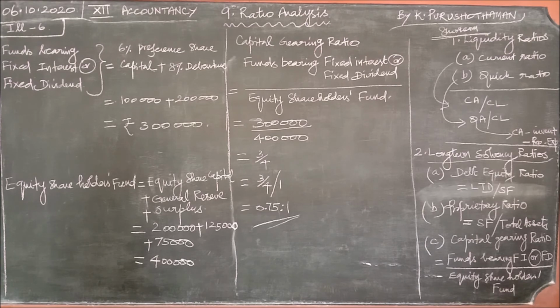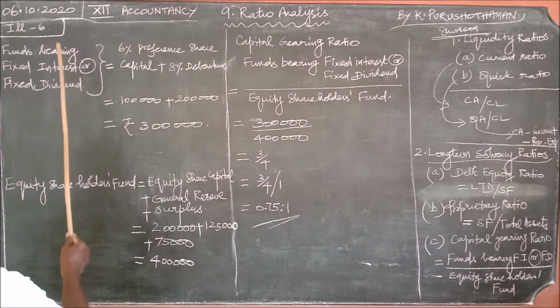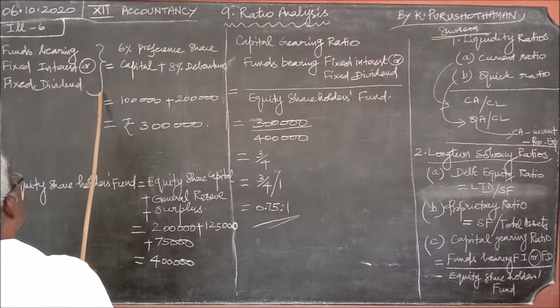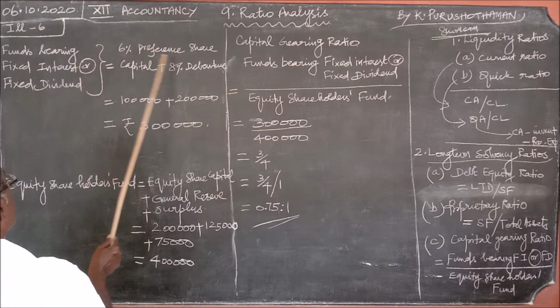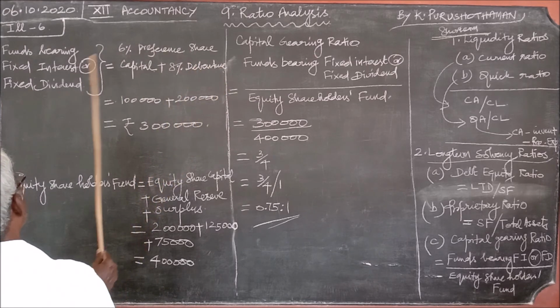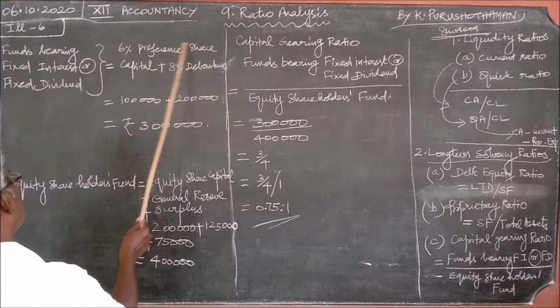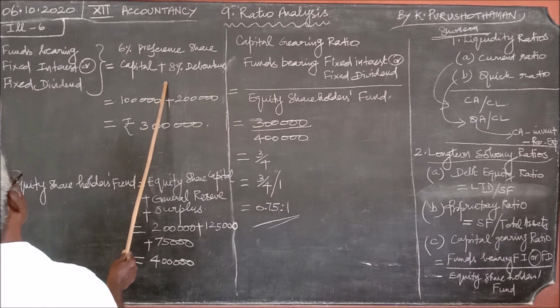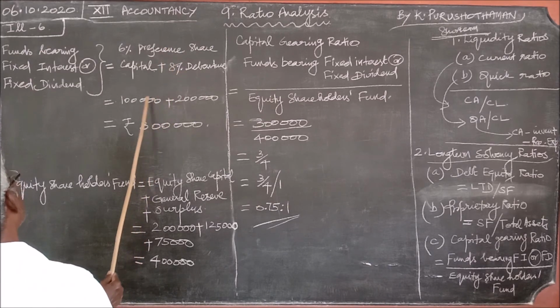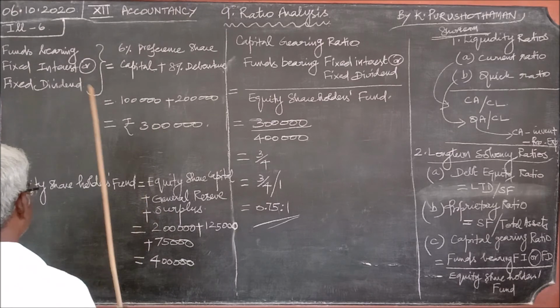Whereas for the preference shareholders, whatever the profit earned by the company, the dividend will be given at the fixed rate. So in this case, funds bearing fixed interest and fixed dividend: fixed interest 8% is given there, fixed dividend for 6% preference share capital. So these are the two items. The numbers are added and written.